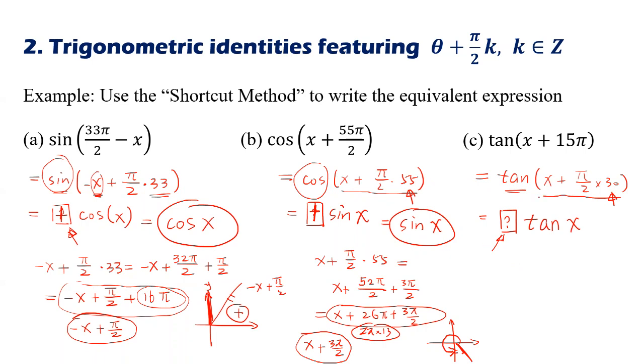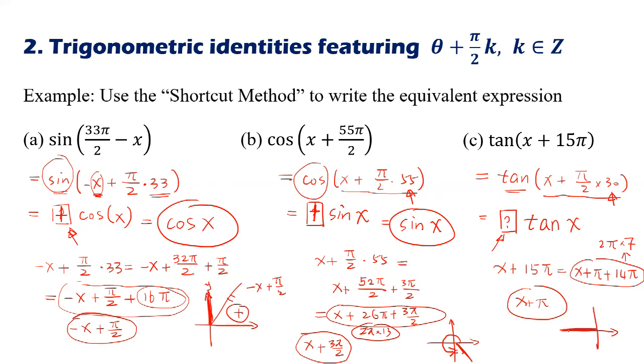Suppose x is acute. So note that x plus 15 pi is actually x plus pi plus 14 pi, right? And 14 pi is actually 2 pi times 7, which means this angle should have the same terminal side with x plus pi, right? So we only need to consider x plus pi. Suppose x is acute.